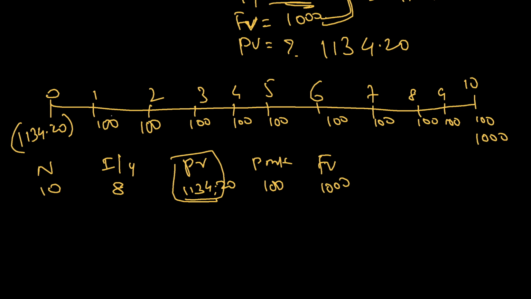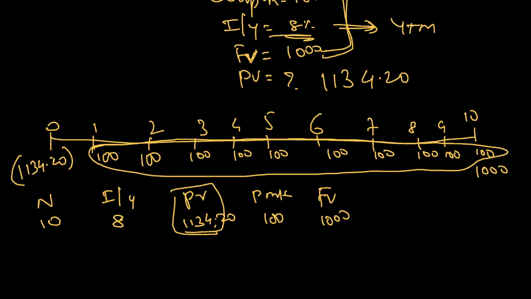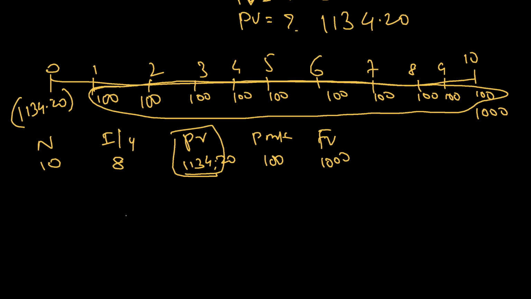So now what happens is you are going to keep the bond till maturity. That means you are going to reinvest as well. When you reinvest, you are going to reinvest at the prevailing interest rate in the market, which is 8 percentage. So you are going to reinvest all these 100, 100, 100. So let's see the future value of all these hundreds.